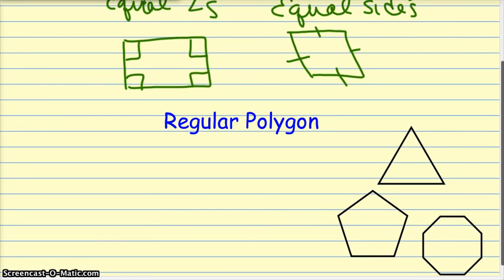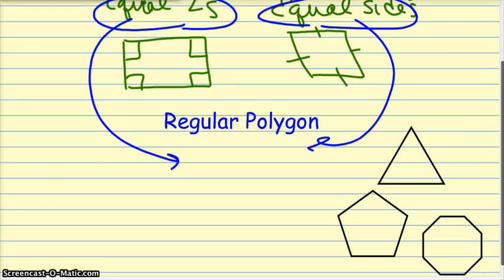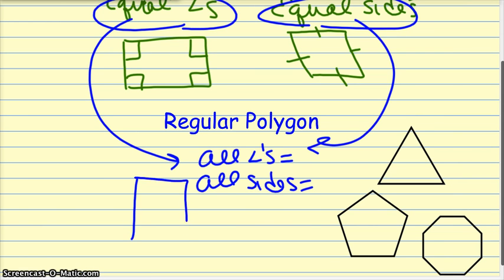And a regular polygon is really taking everything up above. So it has equal angles, and it also has equal sides. An example of a 4-sided figure that is a regular shape is a square, because we know it has all 4 sides and all 4 angles congruent.